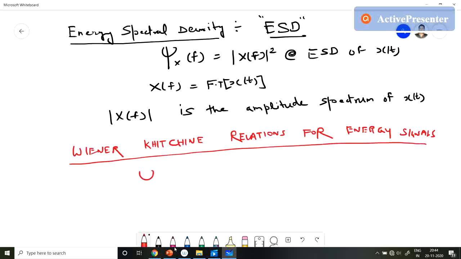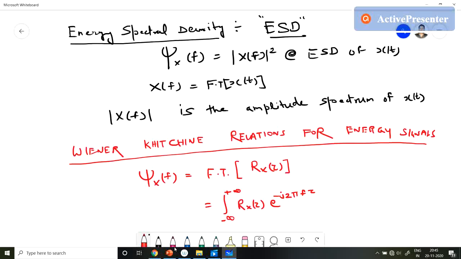According to this relation, the energy spectral density psi x(f) is basically the Fourier transform of Rx(tau), that is equal to the integral from minus infinity to plus infinity of Rx(tau) exponential minus j 2 pi f tau d tau.